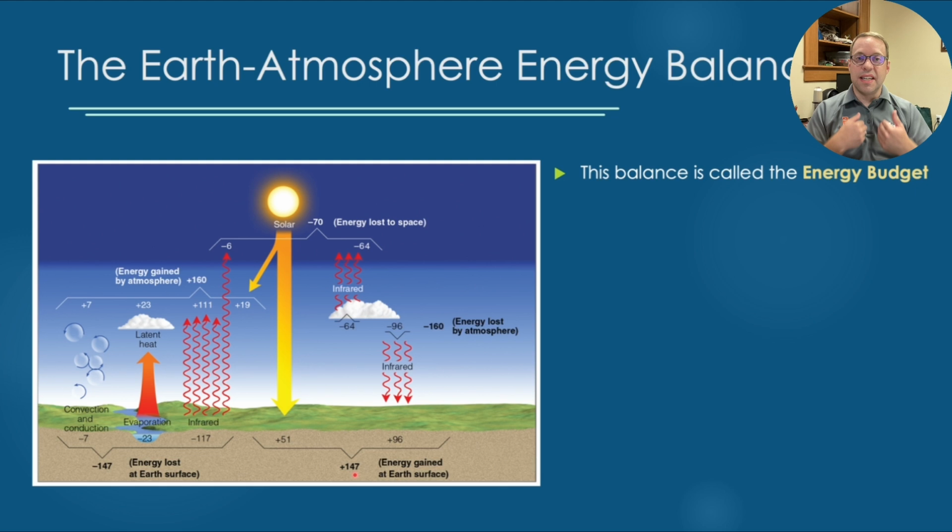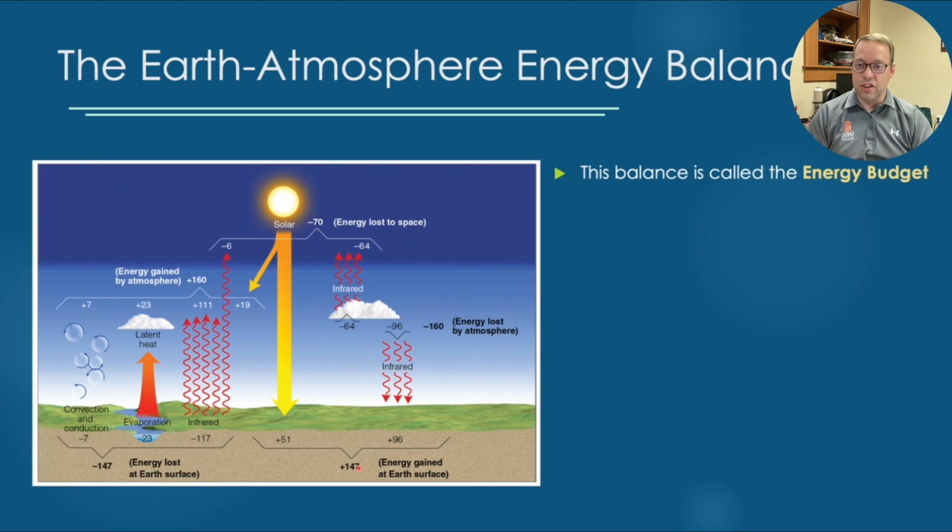Now, if we just gain, our temperature will increase, but we don't want it to increase. We want to have a balance, and that happens as 117 units are emitted away from the Earth. So that energy is radiated away. We're gaining 147, we're losing 117, which means we have a surplus of 30 units of energy.